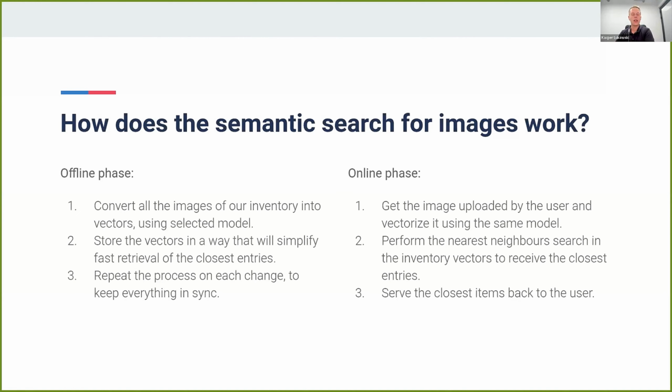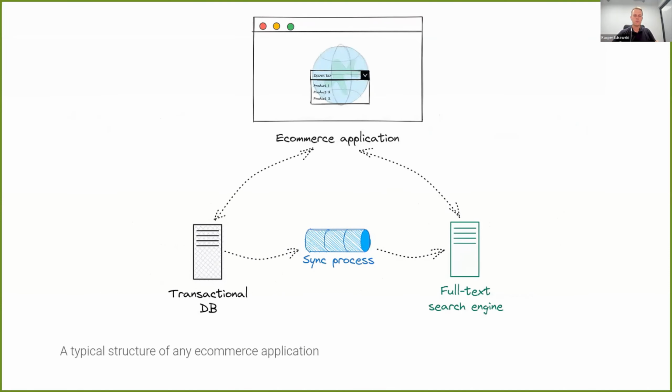And there is also an online phase. Whenever we receive a query, we need to vectorize it using the same model and use this new vector to perform the similarity search, typically using nearest neighbor search in some way. Then the nearest neighbors are used as the relevant documents, and they are served back to the user.